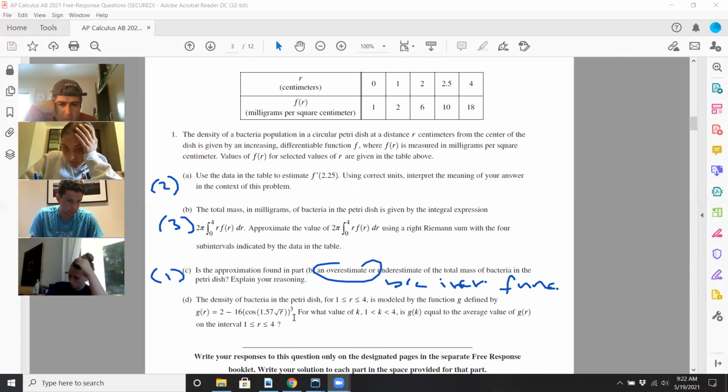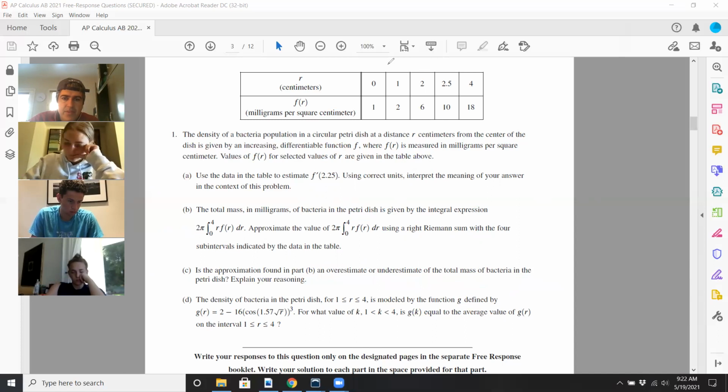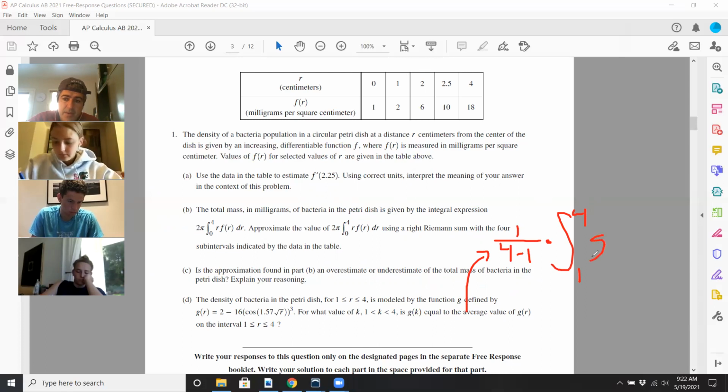For what value K, where K is between 1 and 4, is G of K, so you plug K into the G function, equal to the average value, not average rate of change, average value of G of R. So remember, average value, in case you guys forgot, is just this: 1 over B minus A, or in our case, 1 over 4 minus 1, times the integral from 1 to 4 of our G of R function. And you want that to equal G of K.